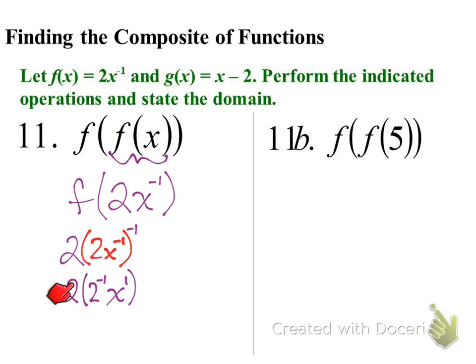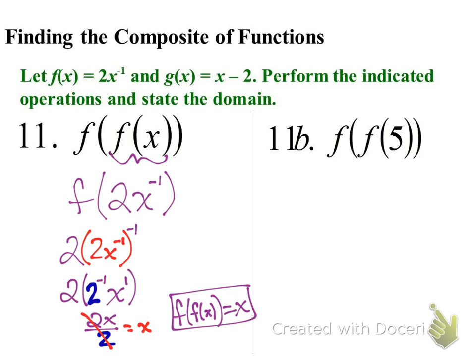So wait a second, let's simplify this. I still have a negative 1 here, so I get 2 times x over this 2. So that means the composition of f of f of x turns out to be just x. So then what about its domain? Here's the bad thing. Along the way, we had fractions.